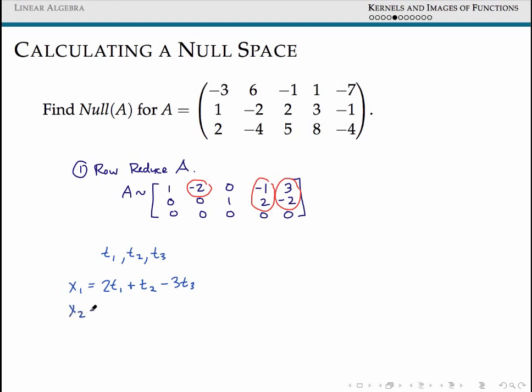My x2 is this parameter t. My x3 is not a free variable, it's a basic variable, so we can write it as negative. This is our t1, t2, and t3, just to make sure we see where our parameters are coming from. This is going to be negative t2 plus 2t3.